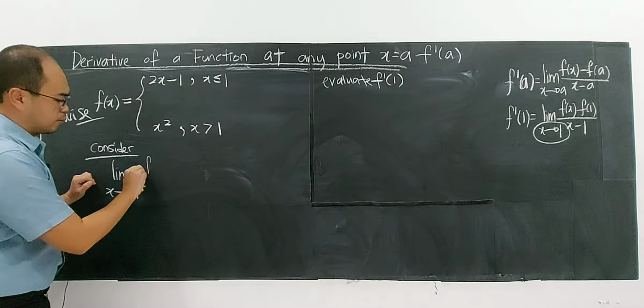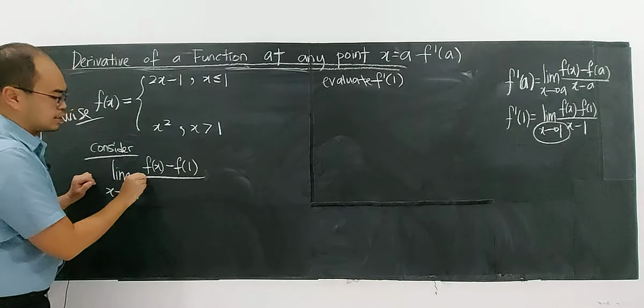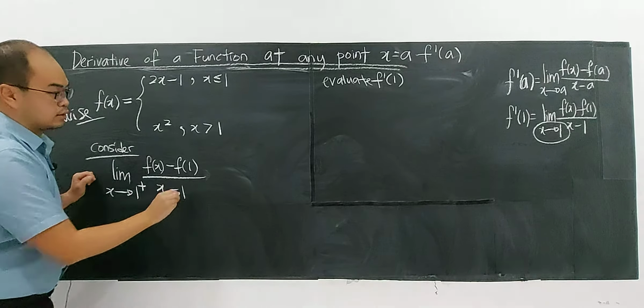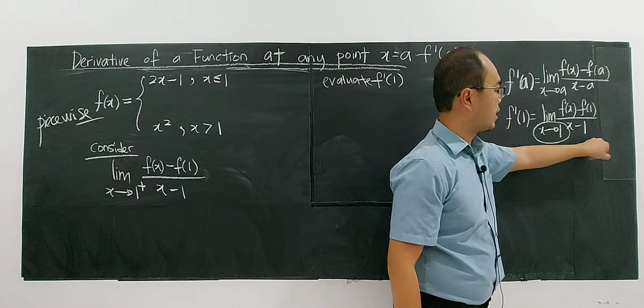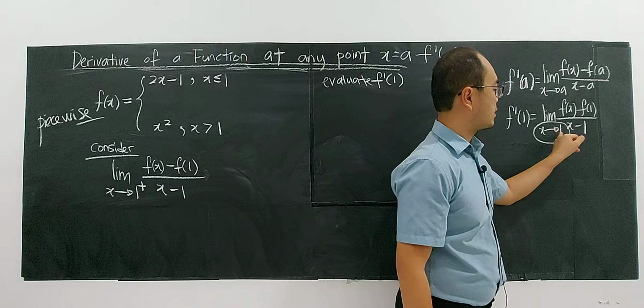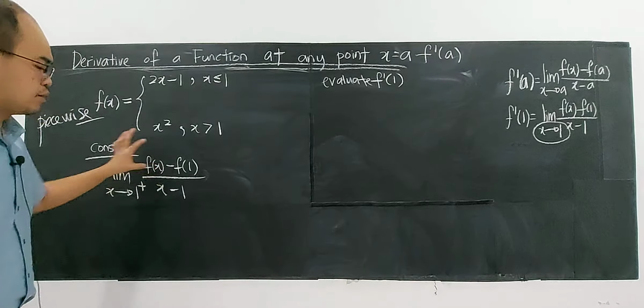For the same expression, f(x) minus f(1) over x minus 1, we write x approaching 1 from the right. Okay, now we evaluate this one.